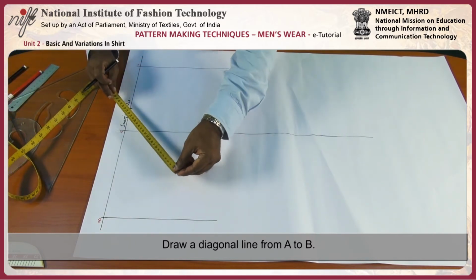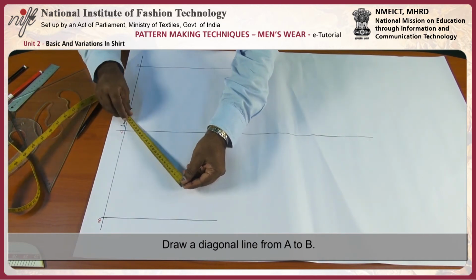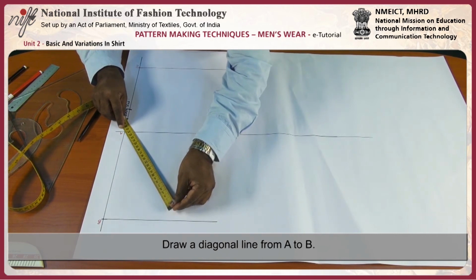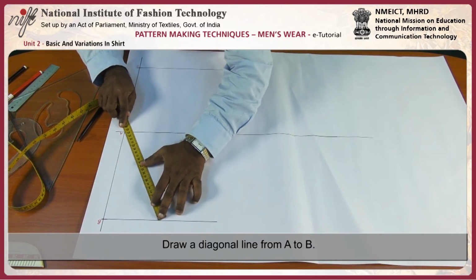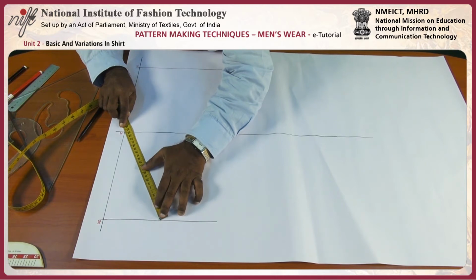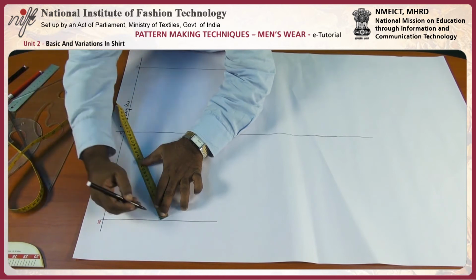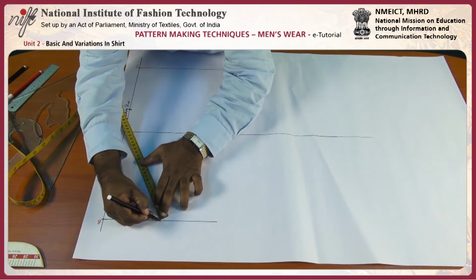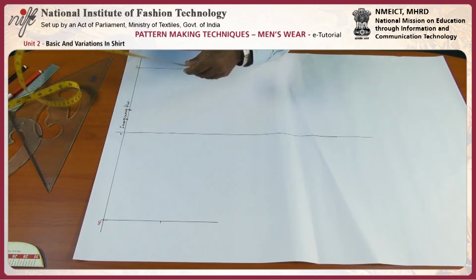You need to take the half armhole measurement, which is 24.5, place it on point A and move the measuring tape and mark the intersect point on the line B. See, it is intersecting here. Repeat this for the other side too.